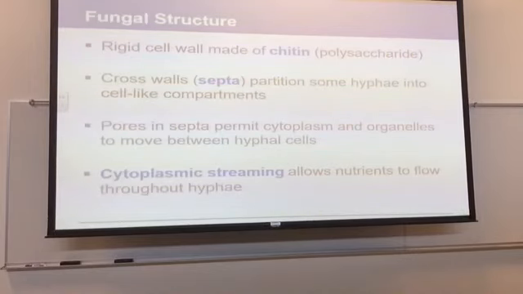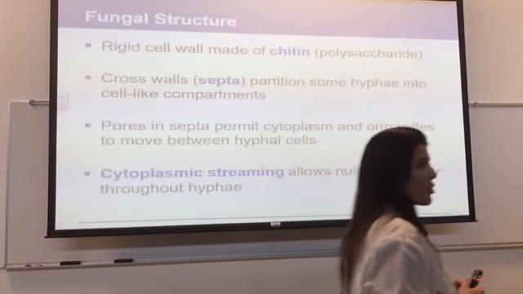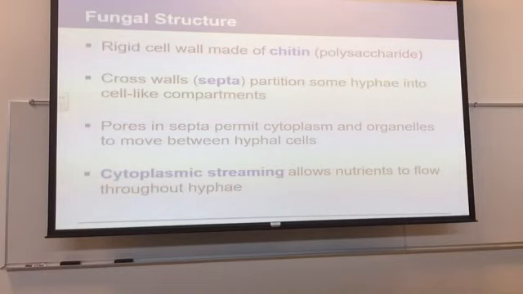What's that first word in blue? Chitin. Do you remember what biomolecule chitin is? It's a carbohydrate. It tells you that. It says polysaccharide. Poly means many, and saccharide is sugar. So chitin is a carbohydrate. And when you learned carbohydrates, we talked about structural carbohydrates, and one of them was chitin.